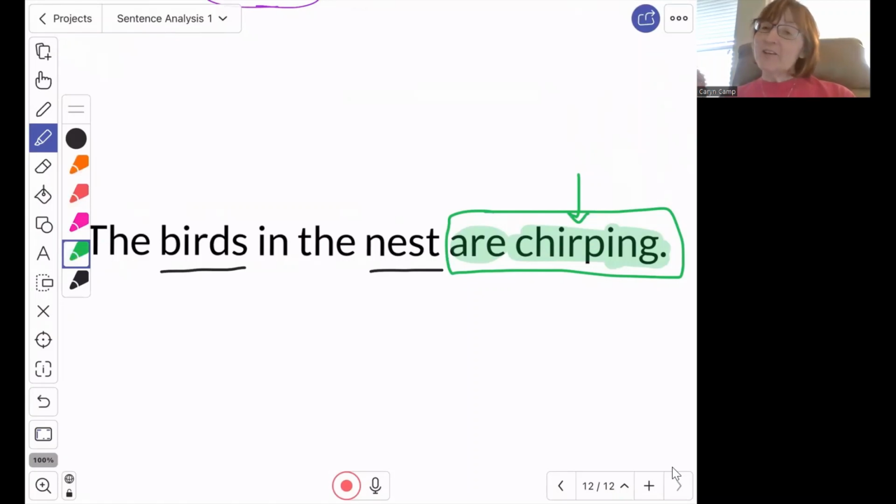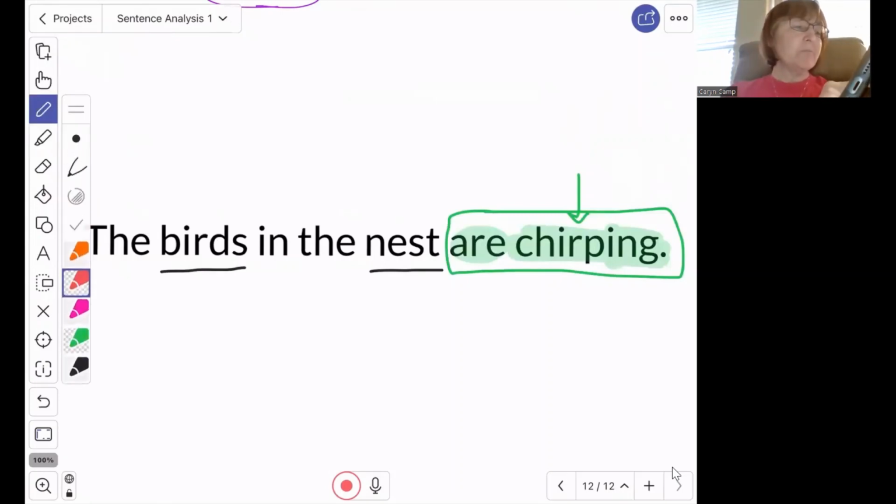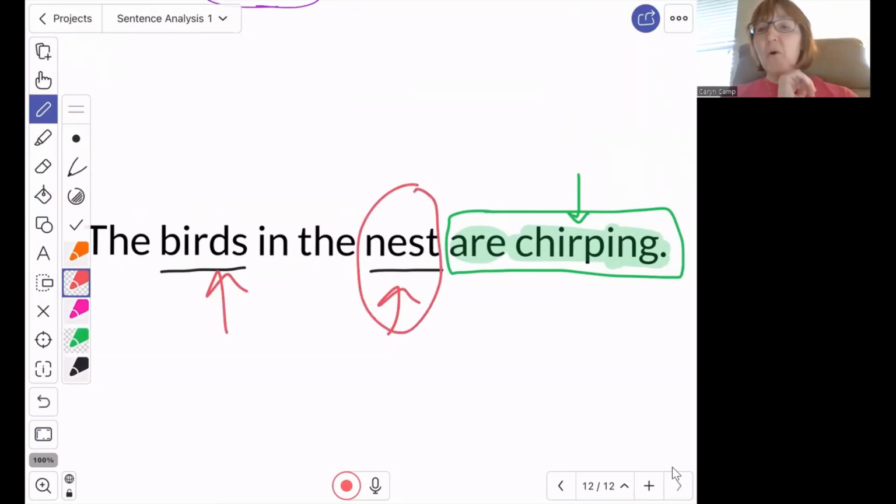Now it's a little bit easier. Now that we found the verb, it's easier to find the subject. We can say, okay, who is chirping? Or what is chirping? We have our 2 choices. It's either going to be the birds or the nest. Does it make sense? You might think, oh, the nest is the noun right before. It must be the nest. But ask yourself the question, is the nest chirping?